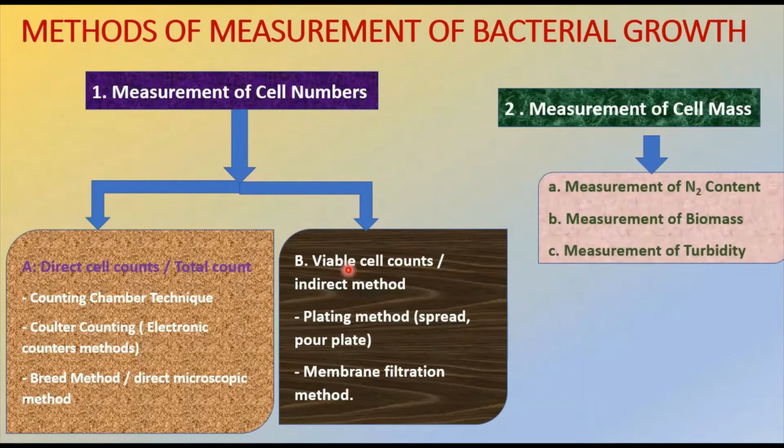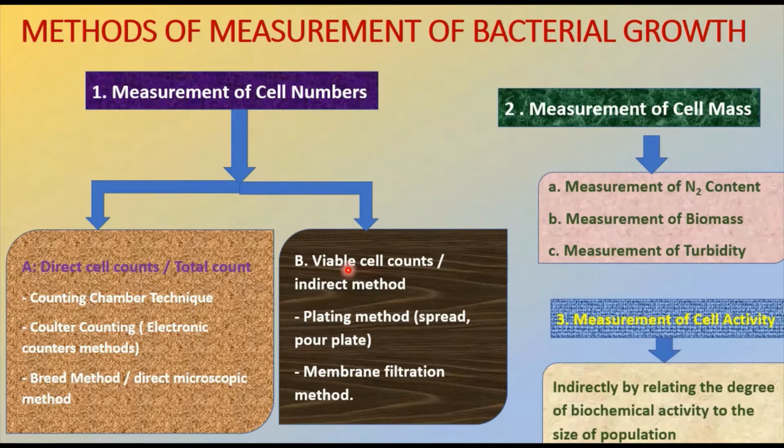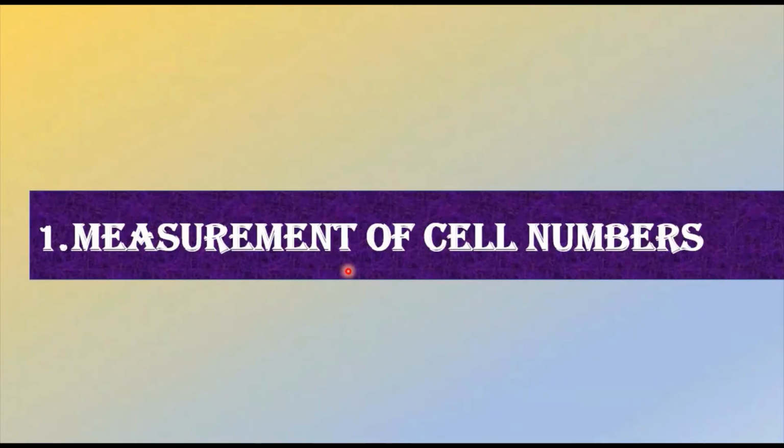The second one is the measurement of cell mass, where you find out the biomass of the total cells. The third one is the measurement of cell activity, where you relate the growth to the biochemical activities and to the size of the population.